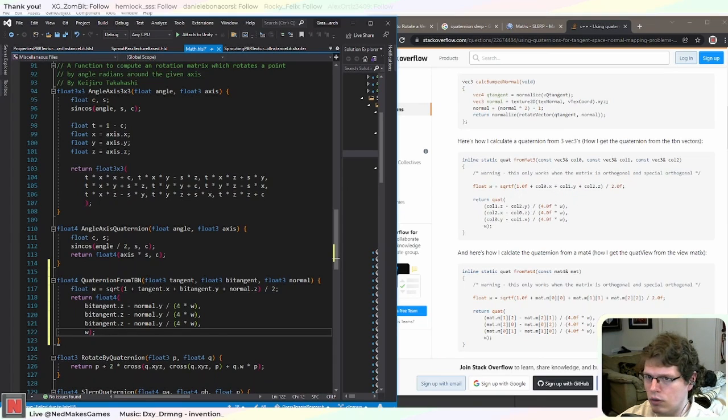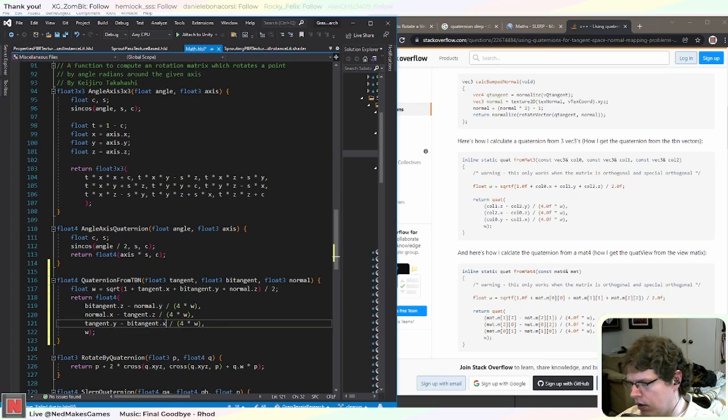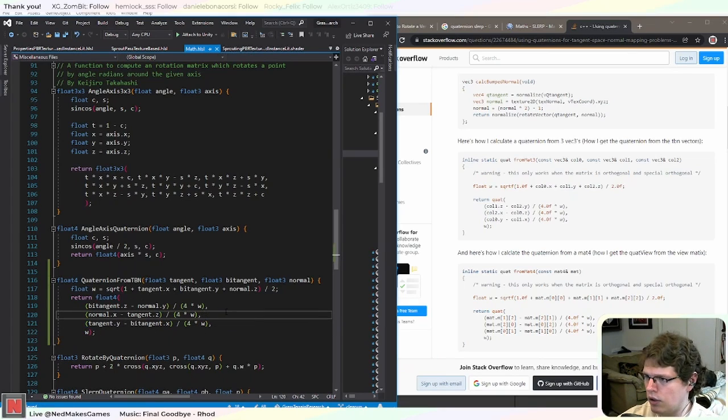So call 2 is normal, call 0 is tangent, and then call 1 is bitangent, and then so zy, xz, and then yx. Also, yeah, I need to make sure this is in parentheses so that the difference is divided instead of just the second term.